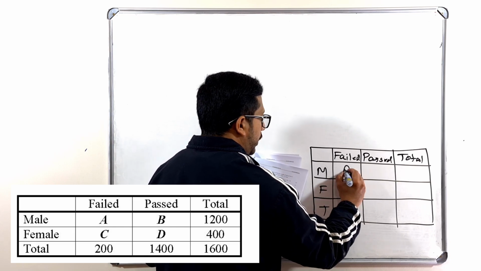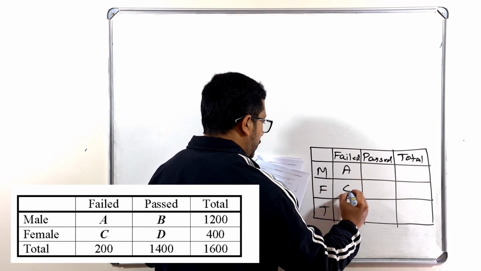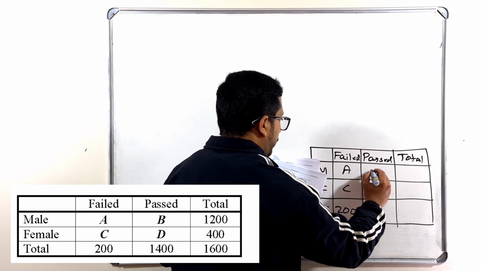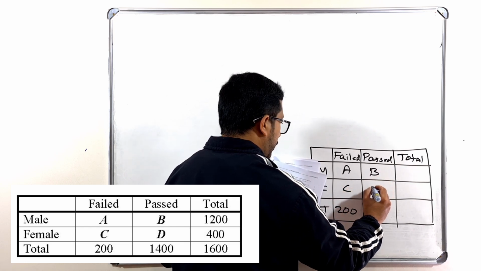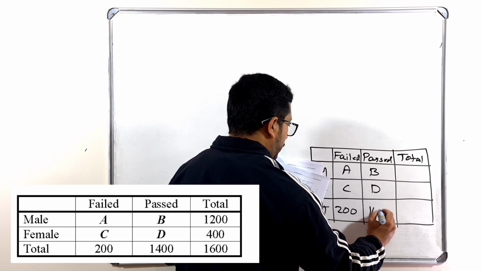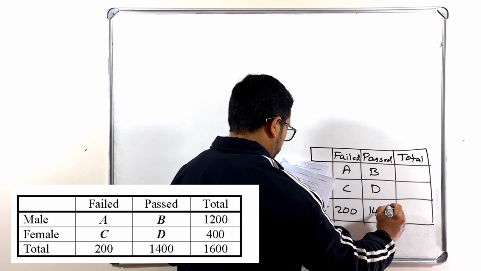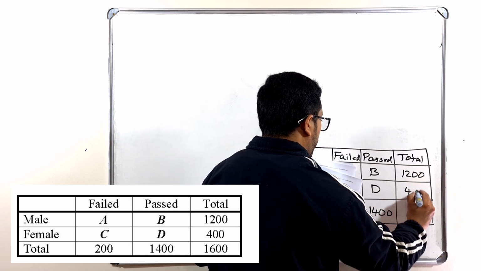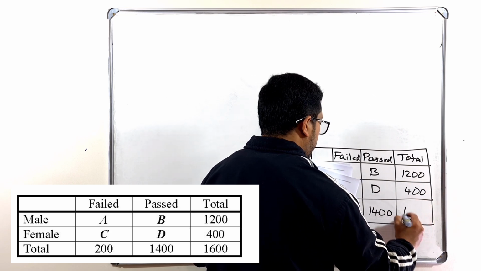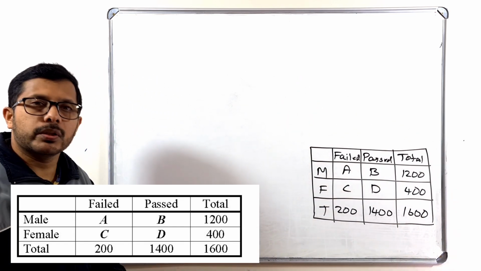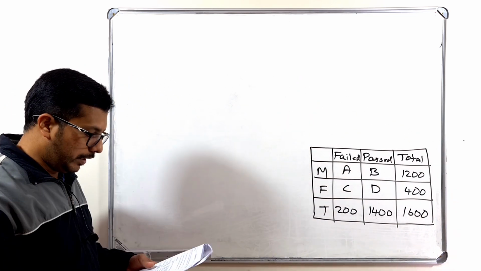This is A, this one is C, this is 200, B, D, 1400, 1200, 400, and 1600.